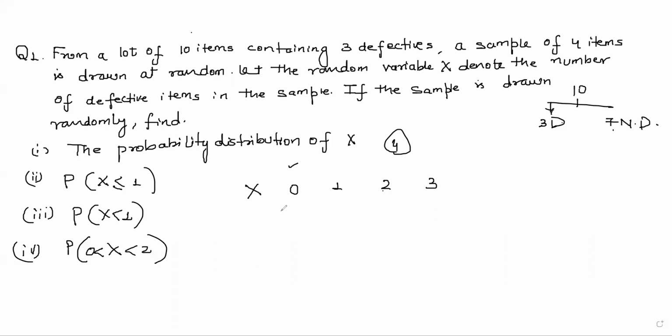7, sir. 7. So 7C4 by, can you tell me? 10C4. 10C4. Very good. Okay, next is 1. 1 means 1 should be defective. So can you tell me what is the probability? 1 defective means in these 4 items, 1 should be defective, and 3 not defective.